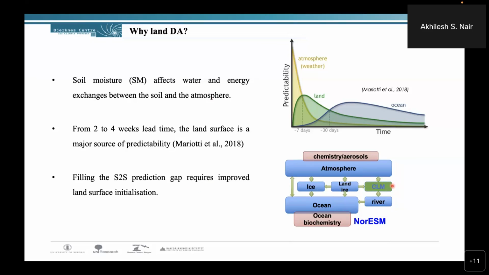We do an anomaly assimilation on the ocean component, but on land soil moisture has very low memory, from a few weeks to a month or two. So we can't go on a monthly assimilation. We need daily or sub-daily assimilation, which would be better to capture the diurnal variability of soil moisture.